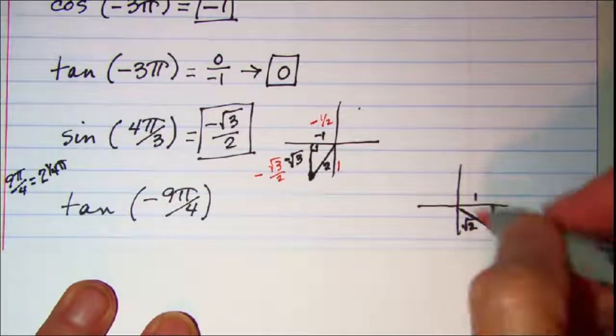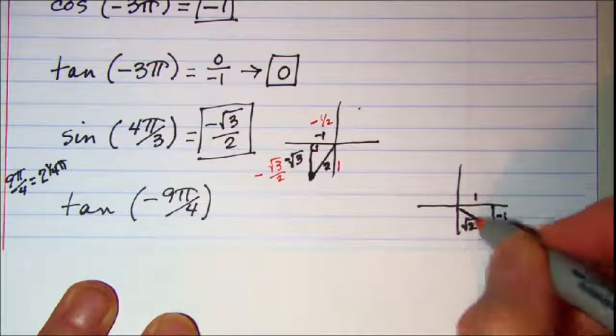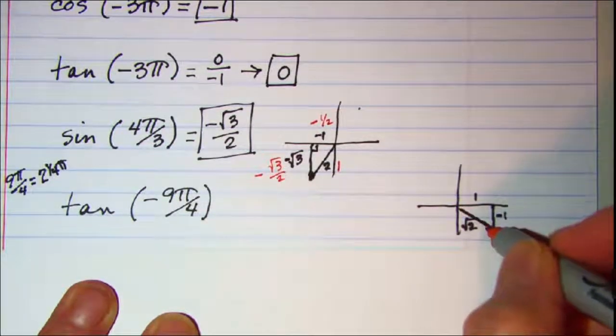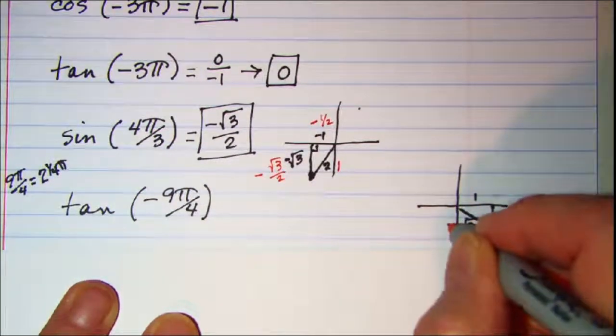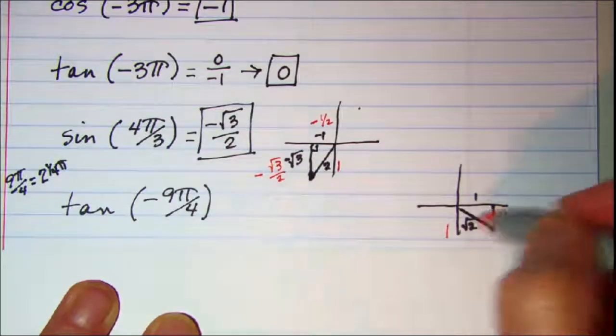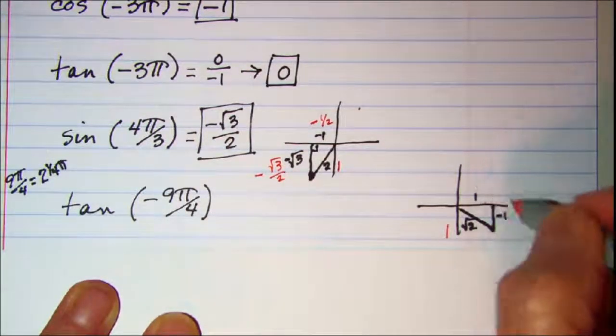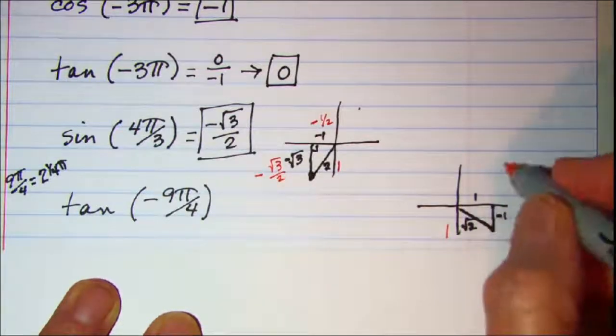Now if I wanted to think of this on a unit circle, my radius of my circle is 1, so instead of a root 2 here, I would have a 1, and I can get the rest of these on the unit circle by dividing all of them by root 2.